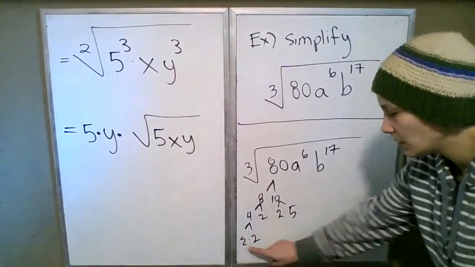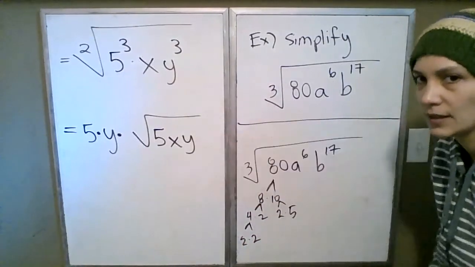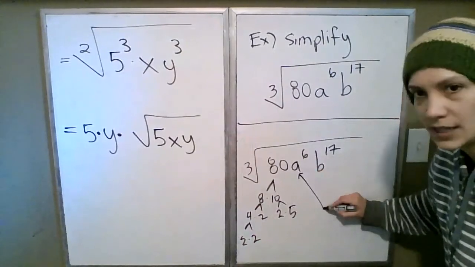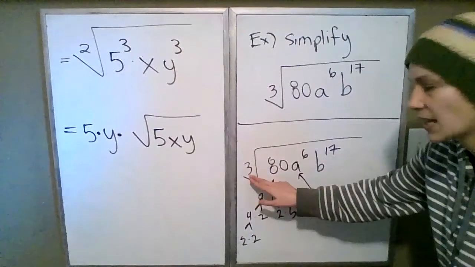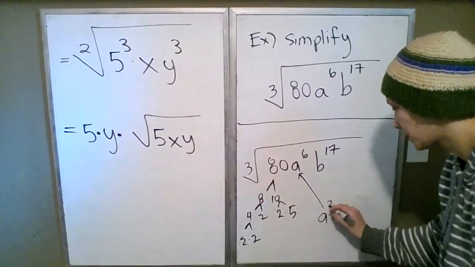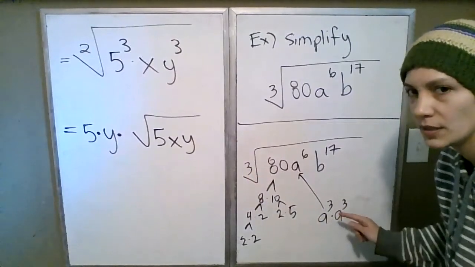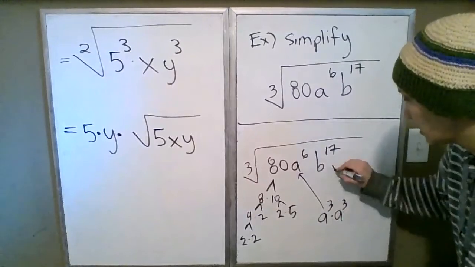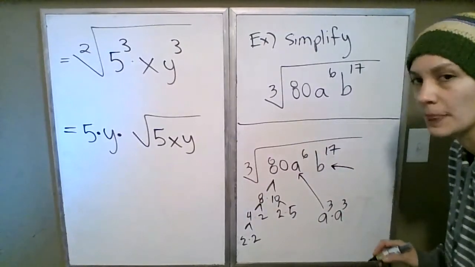So 80 would be 2 times 2 times 2 times 2 times 5, which we'll copy over in just a second. But I'm going to stay here, and one way to look at this part is we can write it as 2 cubed times 2. I'm doing that just because I have that root 3 and I want powers that match the root.